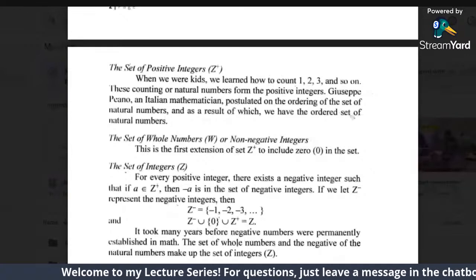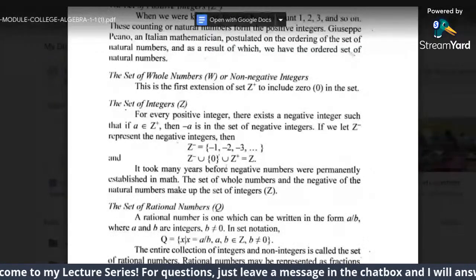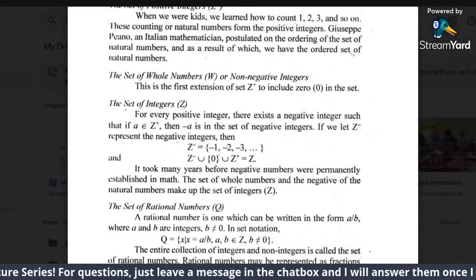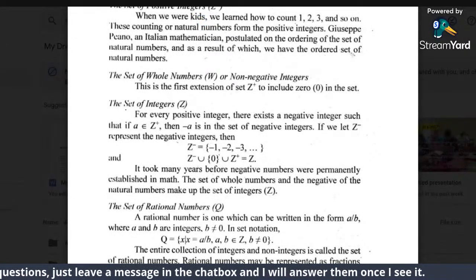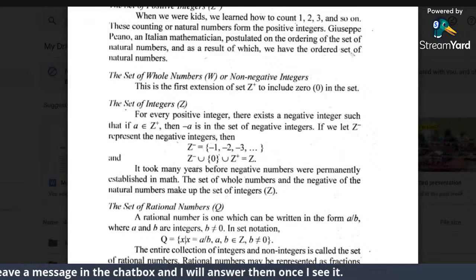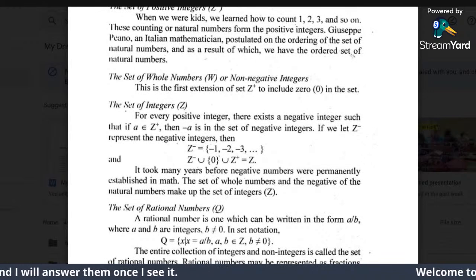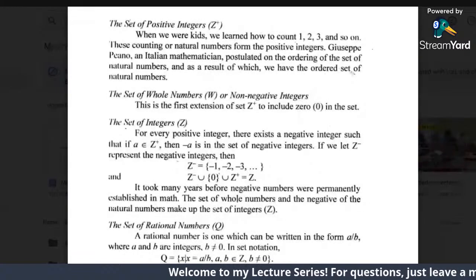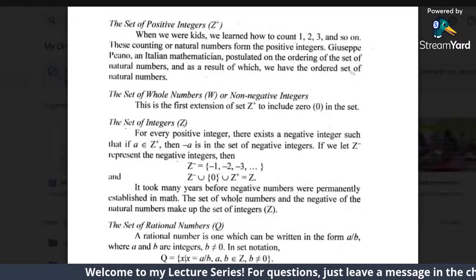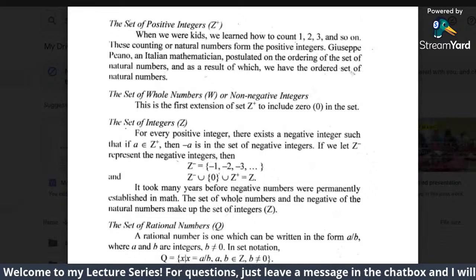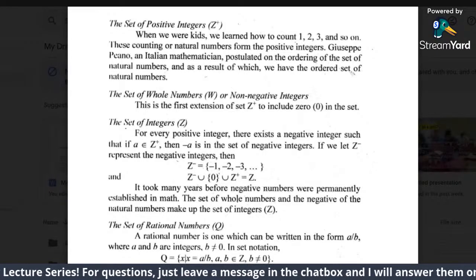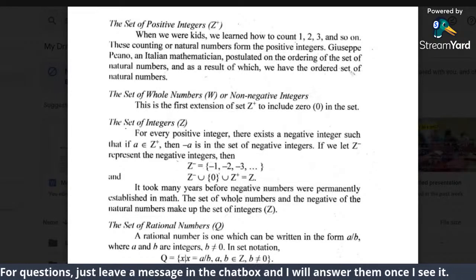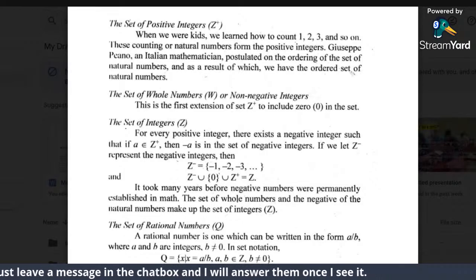And then we also have the set of whole numbers, W, or the non-negative integers. This is the first extension of the set Z plus, or your positive integers, but this one includes zero. So we start at 0, 1, 2, 3, 4, 5, 6, 7, 8, 9, 10, and so on.